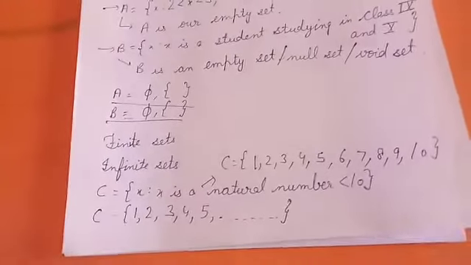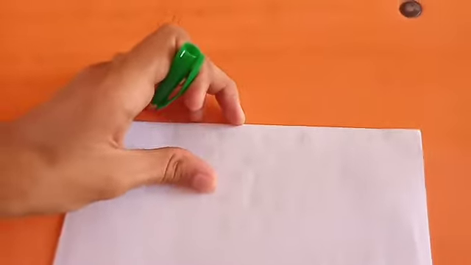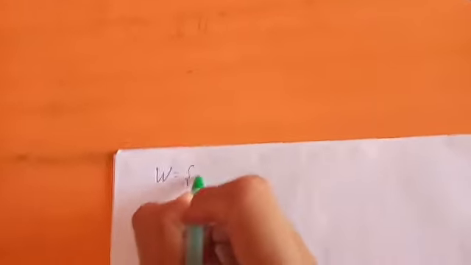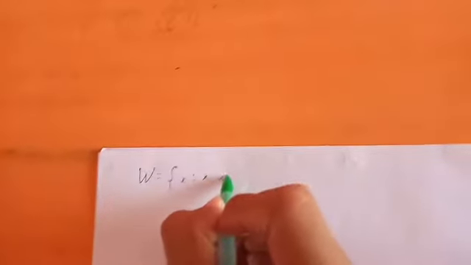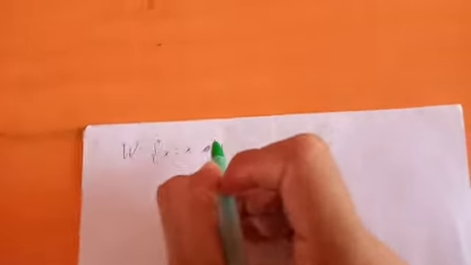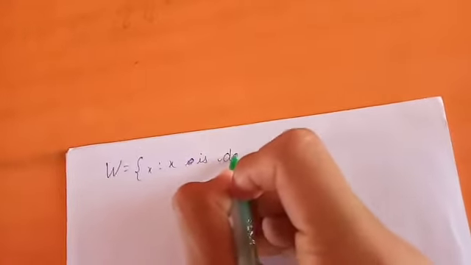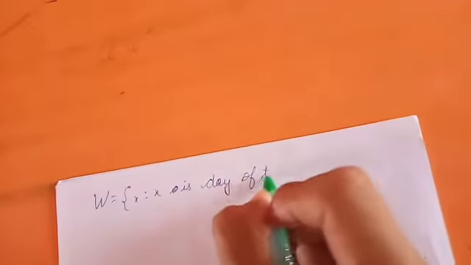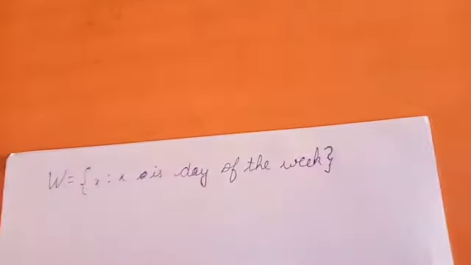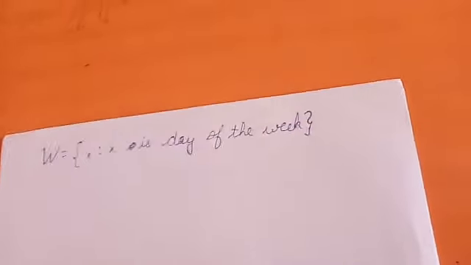Like taking an example, W is a set where x is a day of the week. Now you can count them, they are just 7, so it is a finite set.